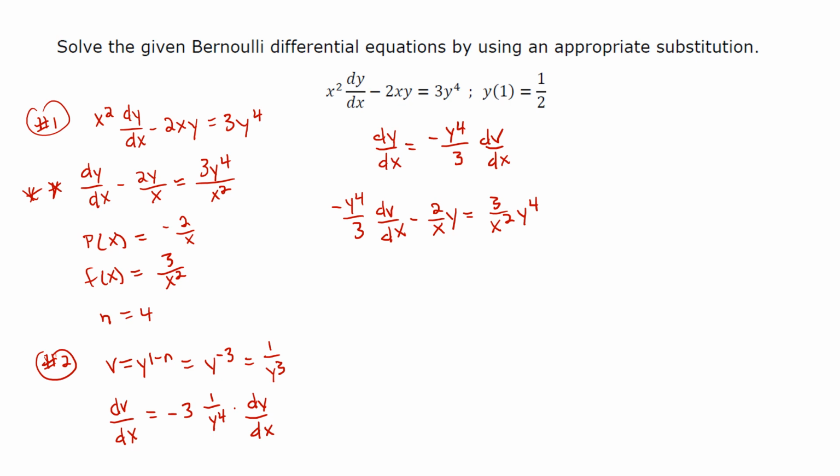So let's multiply everything by 3. And then we're going to divide everything by negative y to the 4th power.